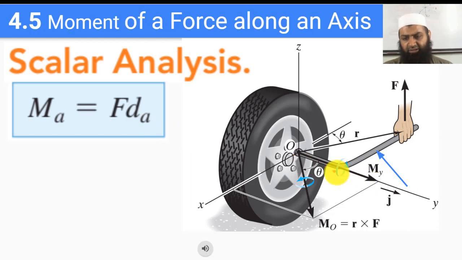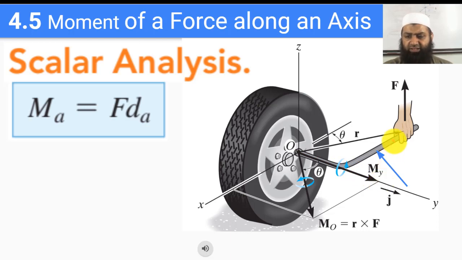When we are opening the screw, the rotation that we are interested in is along the y axis. So we want to find the perpendicular distance from this force to the axis.